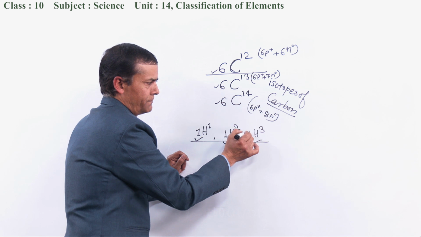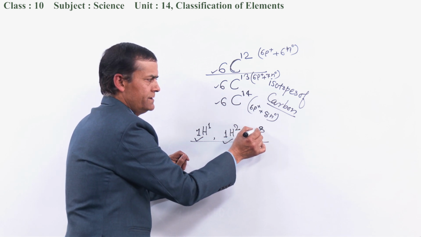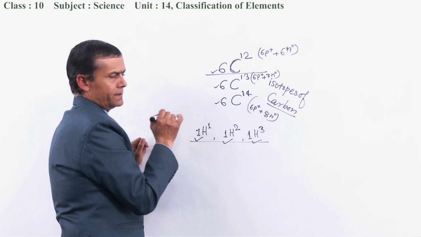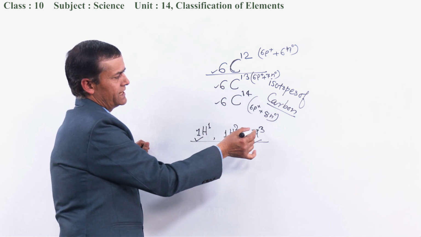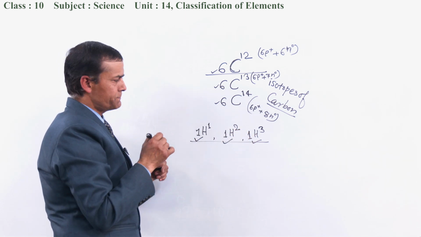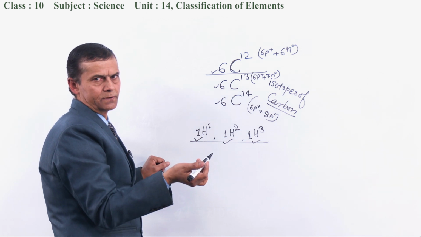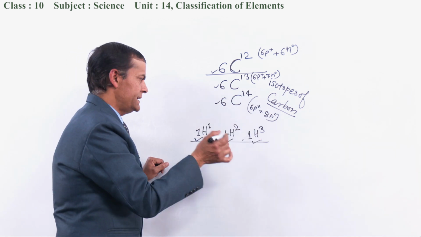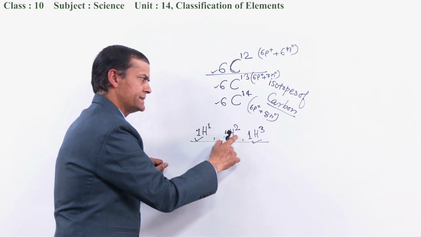Atomic number 1 but atomic weight 3, that is 1 proton, 2 neutrons. So, the neutron number can be different in the nucleus of the atom of an element, which develops the isotope. But Mendeleev's periodic table could not explain the position of isotopes because it was based on increasing atomic weight. If atomic weights are increasing, then hydrogen should be placed in 3 places, no?